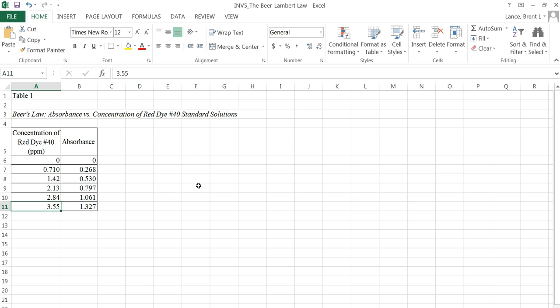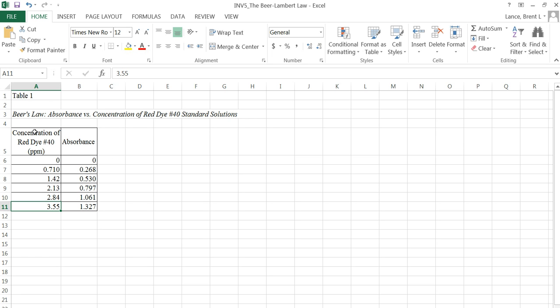I'm going to show you how to take that data and make your data table, and then take that data table and format the graph of that Beer's Law curve.